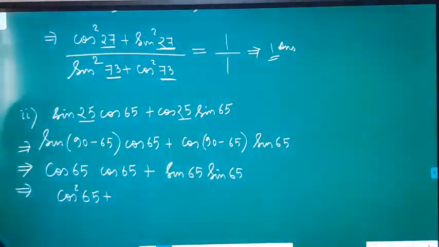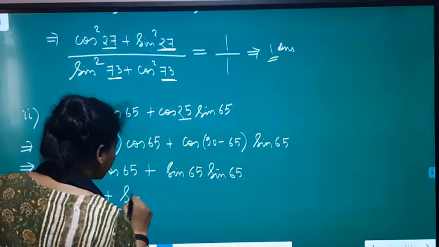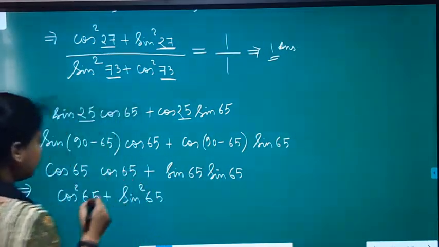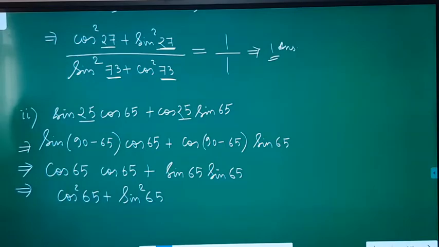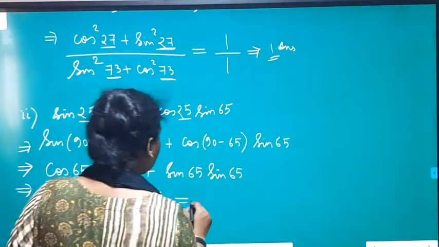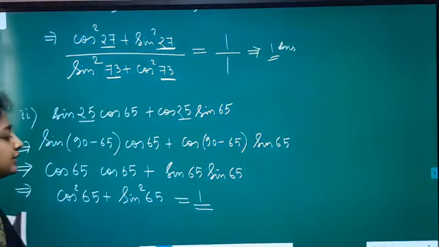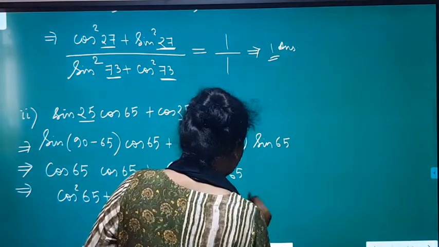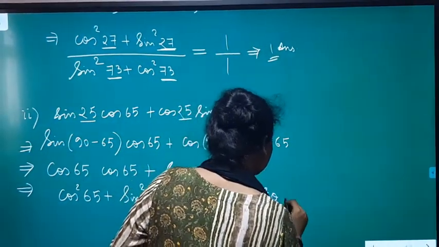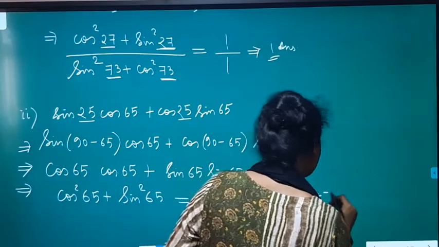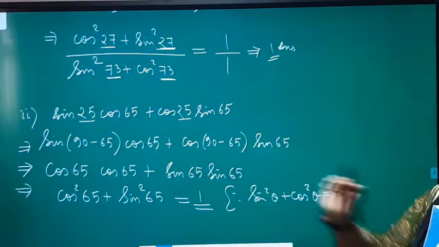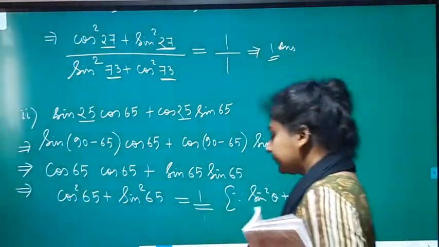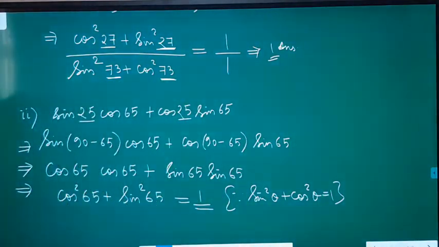Sine 65 into sine 65 gives us sine square 65. So cos square 65 plus sine square 65, from identity 1, gives us 1 as the answer, because sine square theta plus cos square theta equals 1, and here the value of theta is 65 degrees. So this completes our third question also.